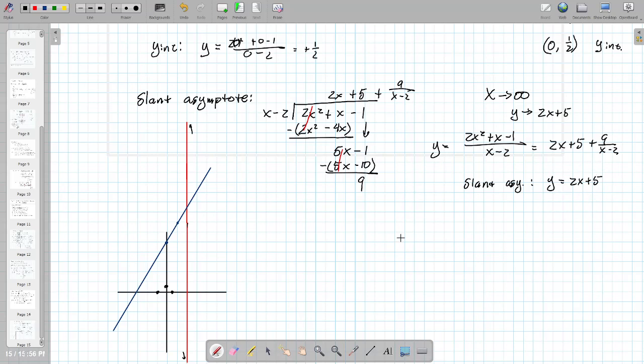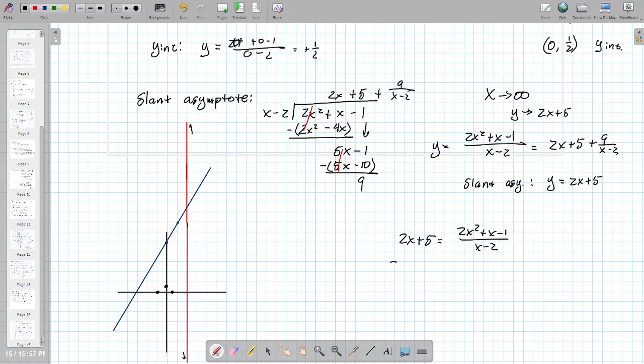Let's check. 2x plus 5, that's our slant asymptote, set that equal to our function to see if our function ever actually touches this line. If we get an x equals something, then it will. So 2x plus 5 is equal to 2x squared plus x minus 1 all over x minus 2.